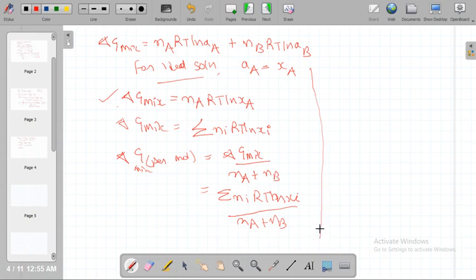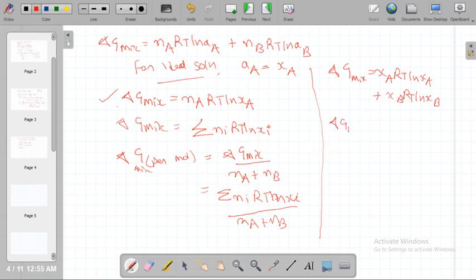So I'm writing here, delta G of mixing per mole equal to XA RT ln XA plus XP RT ln XP.